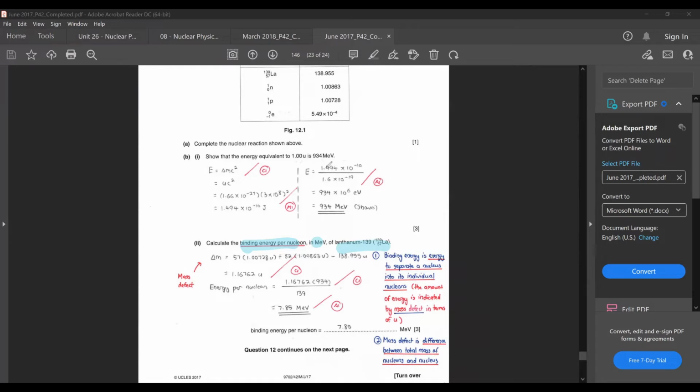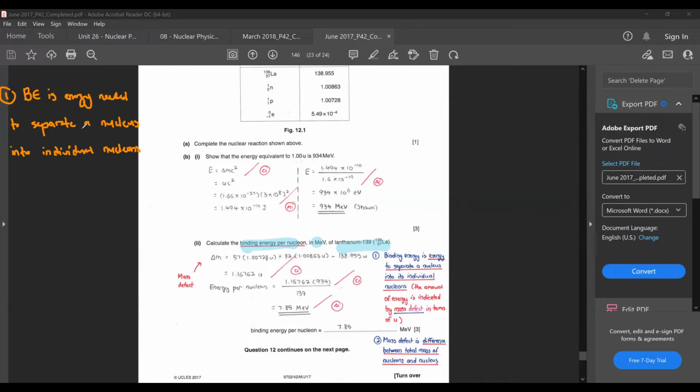If you remember what binding energy was, this one is energy needed to separate a nucleus into individual nucleons to separate to infinity. Okay.